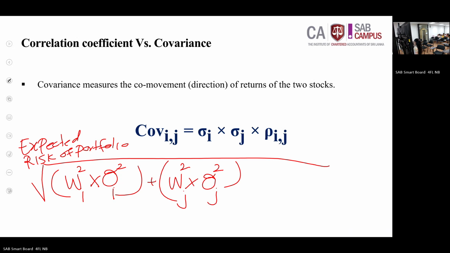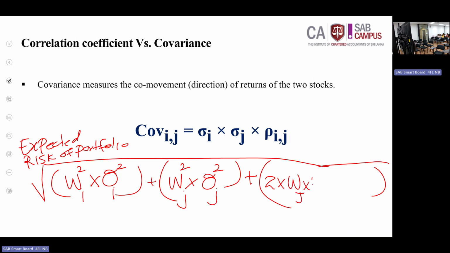Now the third one. We have two shares and two weights, weight on J and weight on I, multiplied by the statistical term, covariance. But in the previous formula we had taken the covariance.